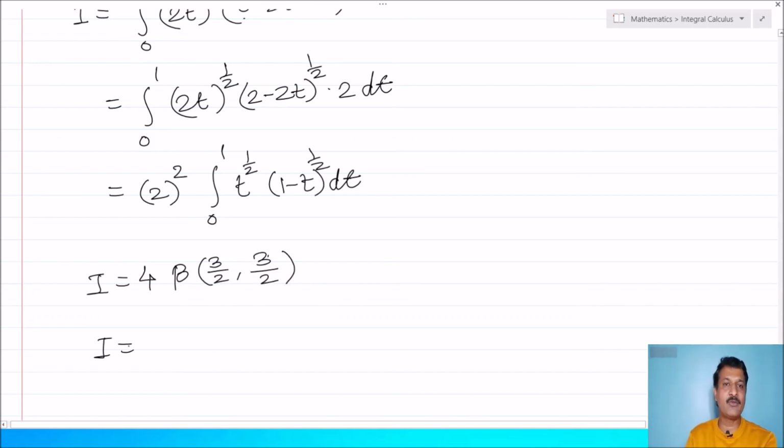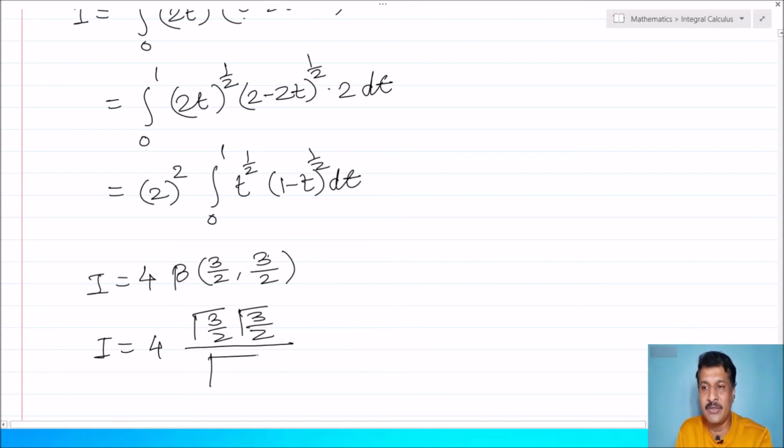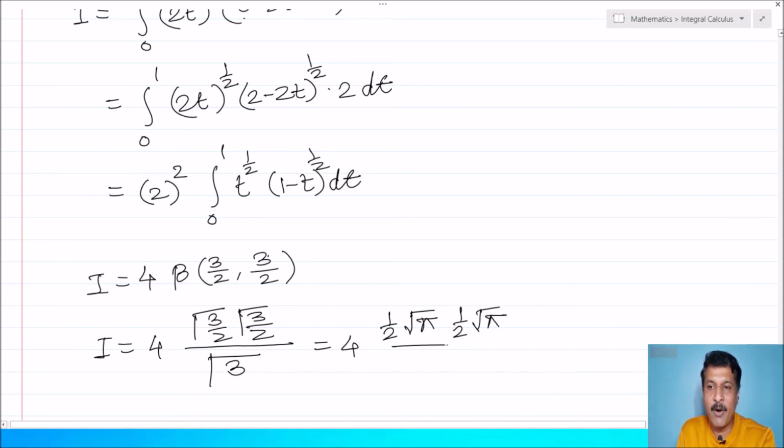By using property of beta and gamma function, that is the relation between beta and the gamma function, I can write gamma separation upon gamma addition. So 3 by 2 plus 3 by 2, it will be 6 by 2 means it is gamma 3. So it will be 4, gamma 3 by 2 I know it is 1 by 2 root pi, gamma 3 by 2 again 1 by 2 root pi upon gamma 3, it is 2 factorial.